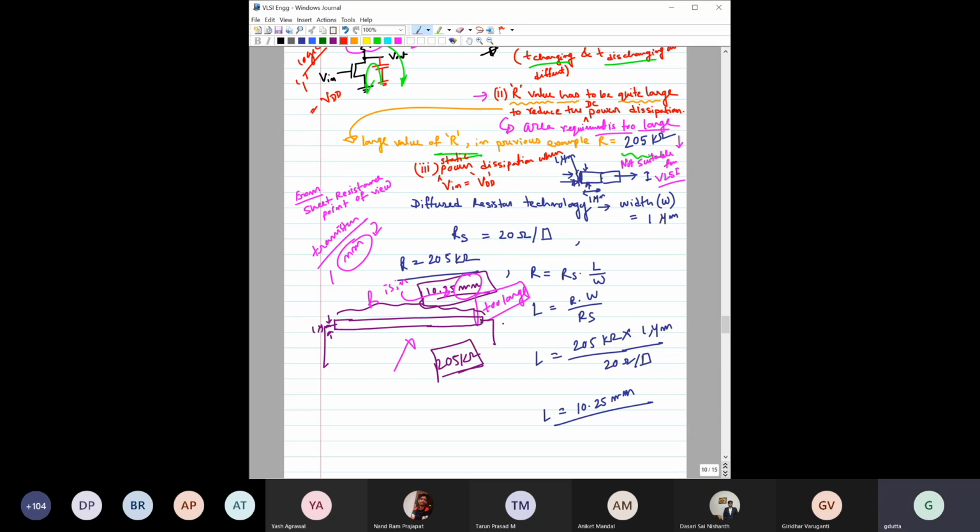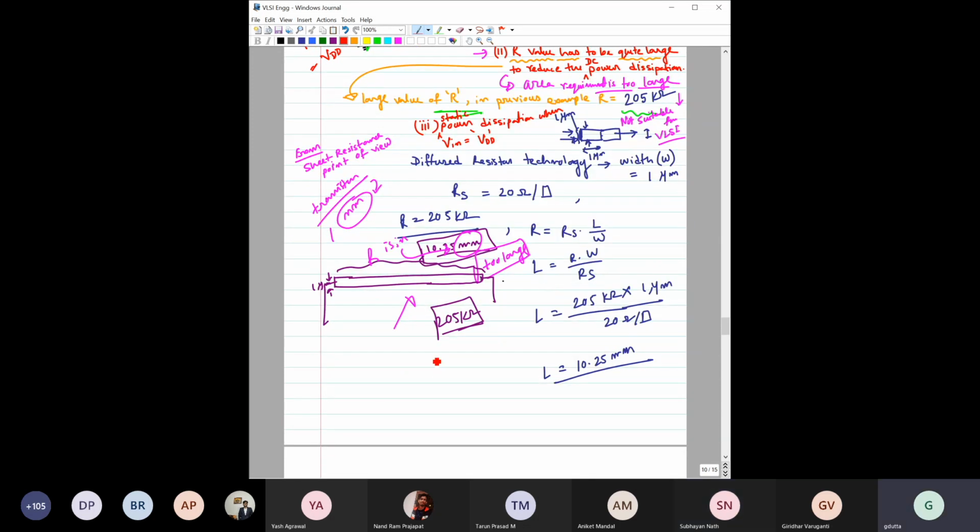Yes, sir. Sir, for the minimum power dissipation, we have made R very large. So how is this static power dissipation an issue here? Okay, say R is large, fine. But whenever you have given Vin equal to VDD, there is a direct path from VDD to ground, isn't it?